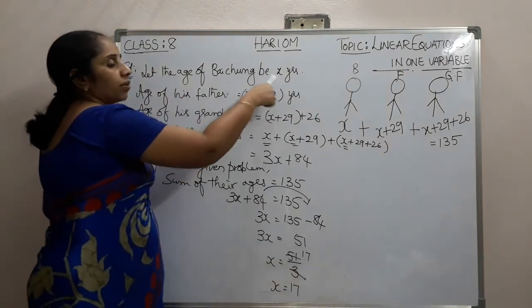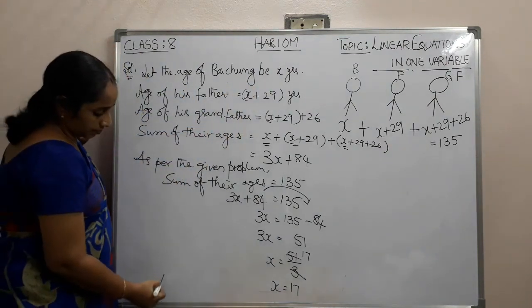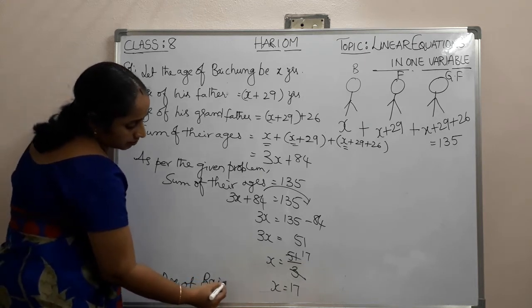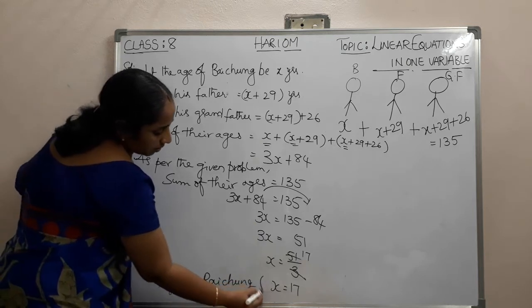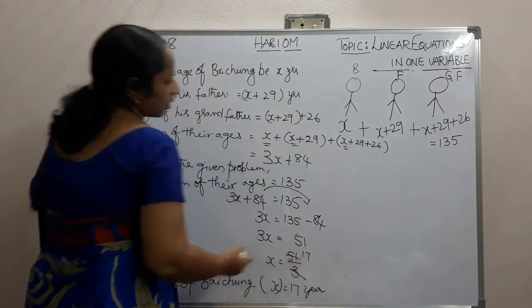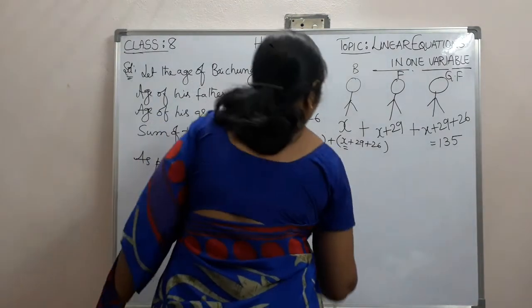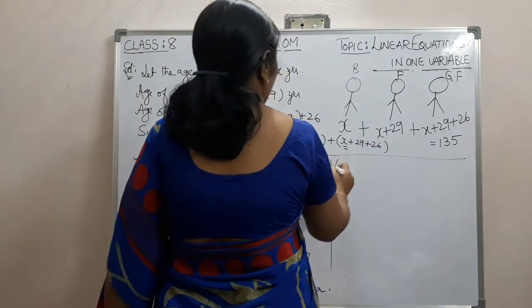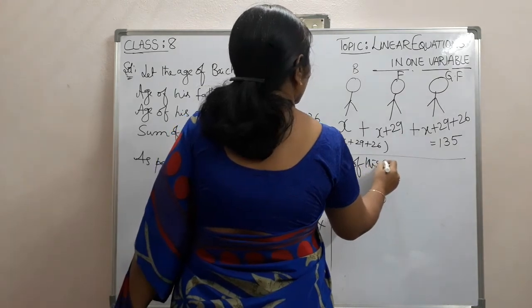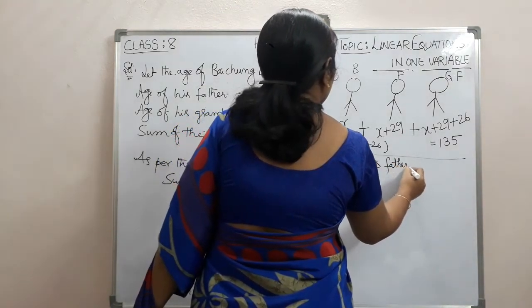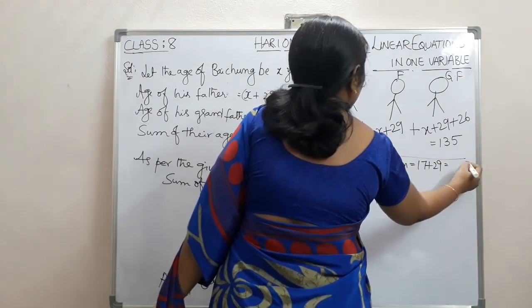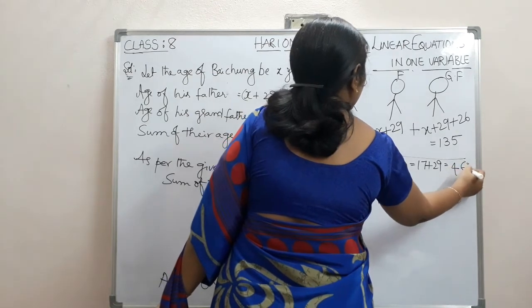What is x here? We assumed that as the boy's age. So the age of the boy is 17 years. Now the age of his father is 17 plus 29, it is 46 years.